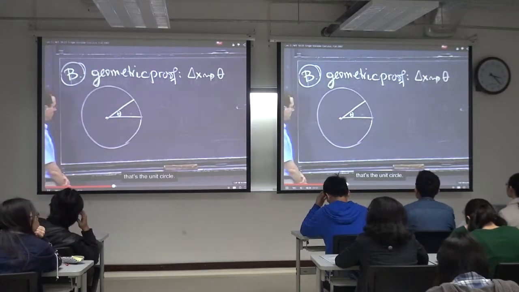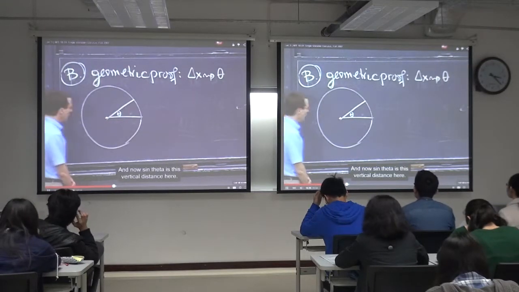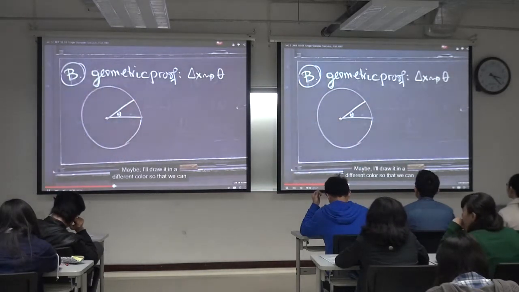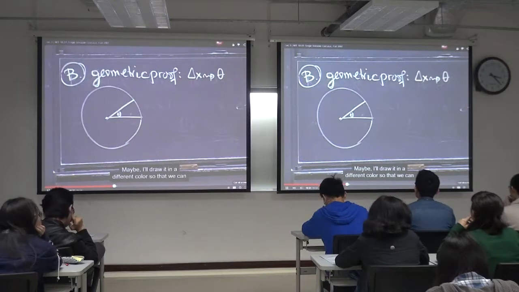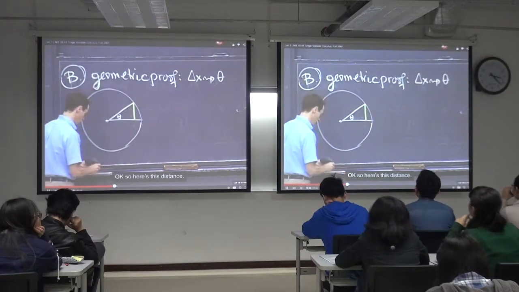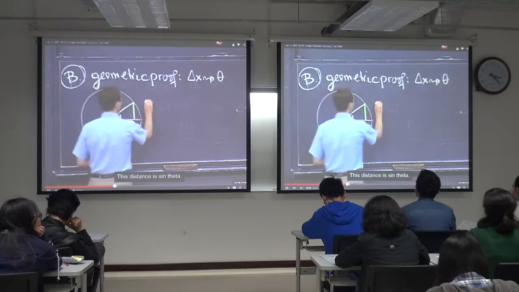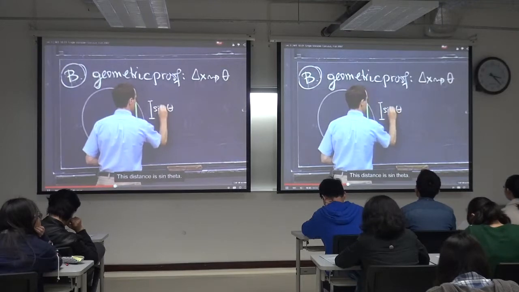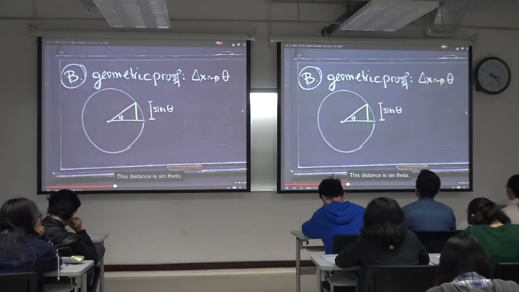That's the unit circle. And now sine theta is this vertical distance that we're going to draw in different colors. Here's this distance. So this distance is sine theta.